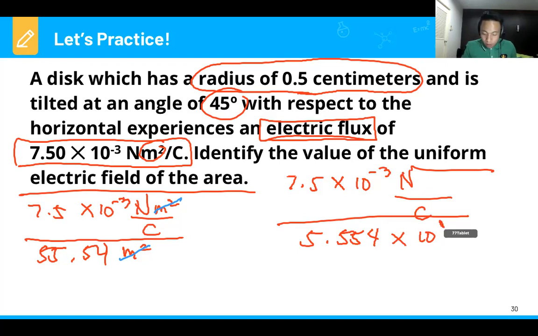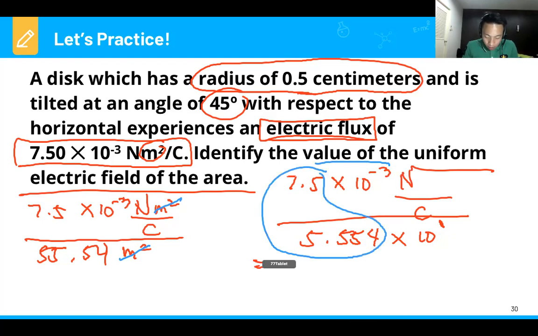So it will become, what is 7.5 divided by 5.554? So for this part, yung dalawang muna yan is 1.35. Okay, naka-round off na yan.